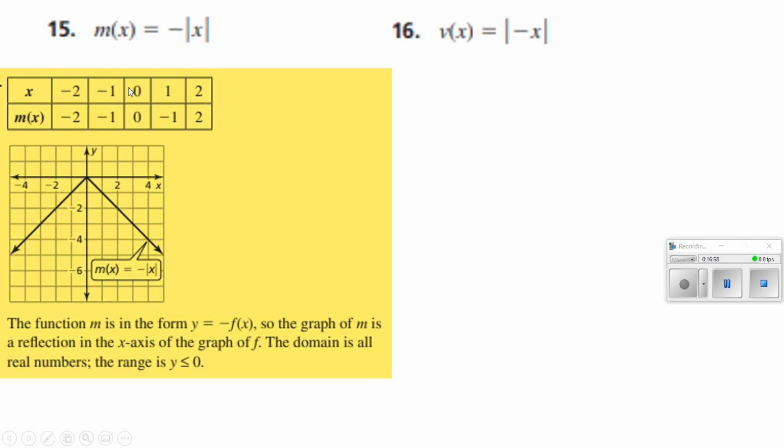Let's see, if we got x is 0, right? And remember, x is going to go ahead and stay the same, right, up until it gets to the other side. So now we have 1 m of x, right? Because this is just applying to the y, right? The function of negative f of x.